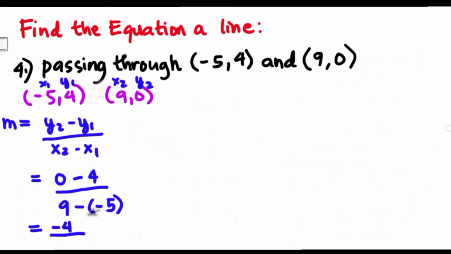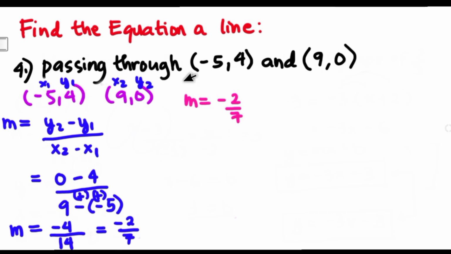That is magiging plus, magiging positive. So, 9 plus positive 5 is 14. So, pag ating ni lowest term, divide by 2. So, magiging negative 2 over 7. So, yan po yung slope. So, the slope is negative 2 over 7.